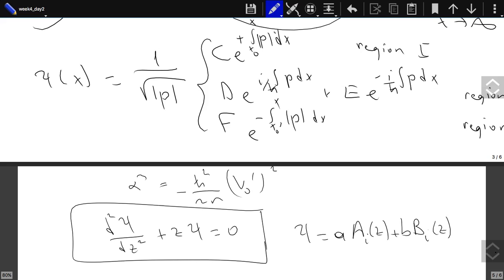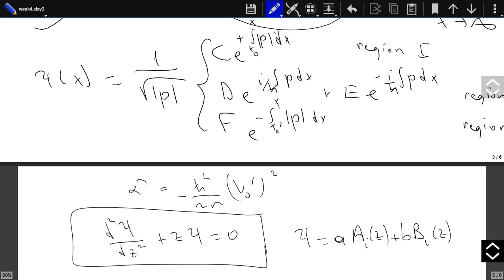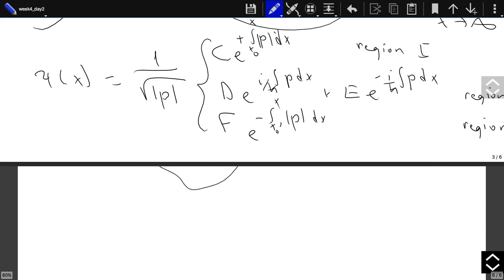Now, here we will be doing some, let's say, trick. We are away from the turning points. Now we know the solution. We need to use that solution to match these two. But if we want to match, let's say, D, E, and F, that is close to one turning point.